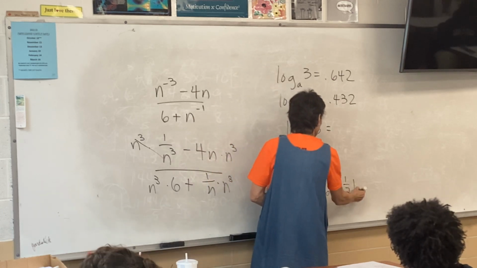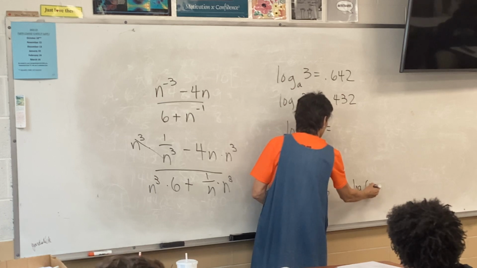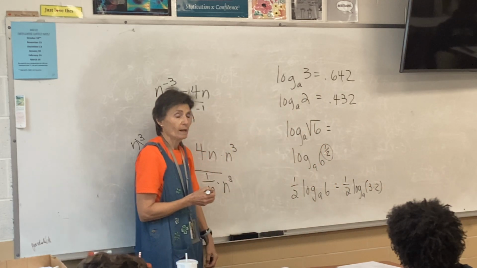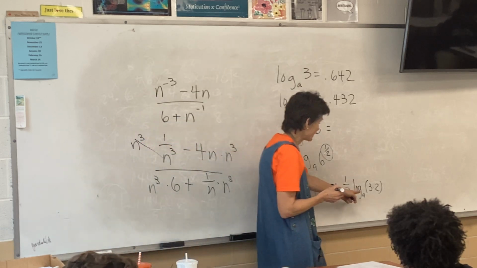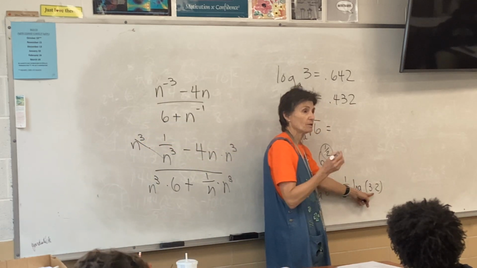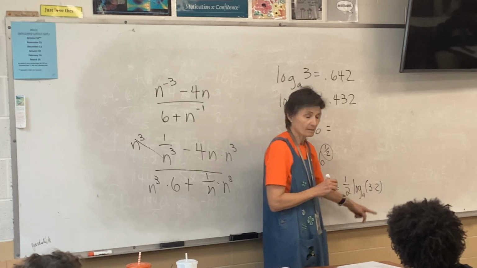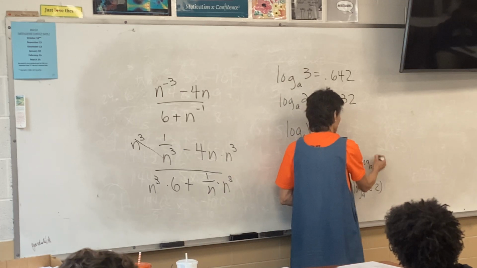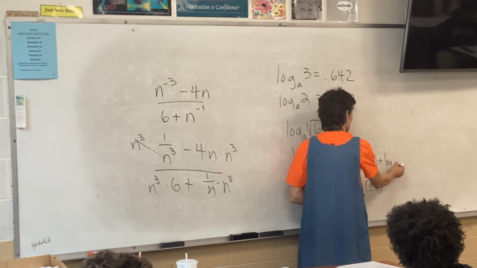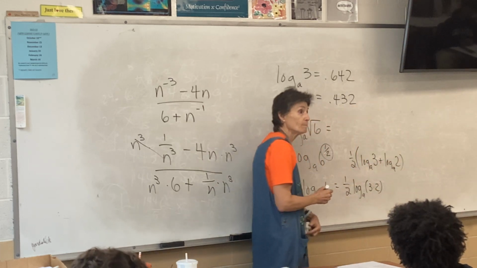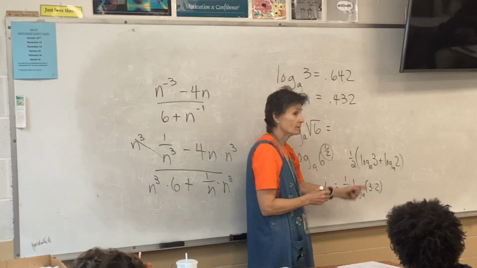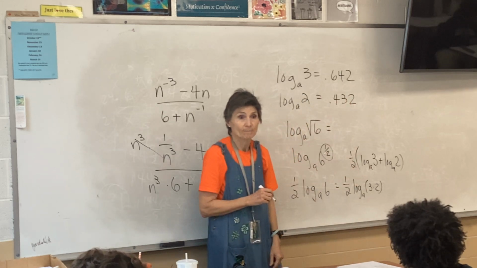So this is 1/2 the log of 3 times 2. What happens when you take the logarithm of a product? You end up adding the logarithms. So that's going to be 1/2 the log of 3 plus the log of 2. So we just take those two numbers, add them together, cut it in half, and that's the answer.